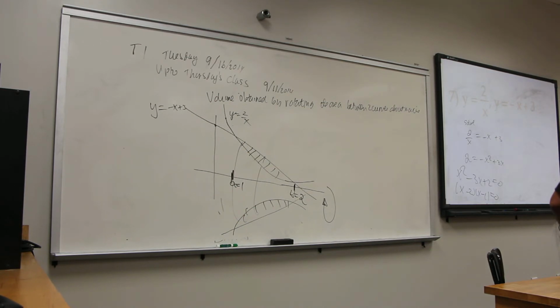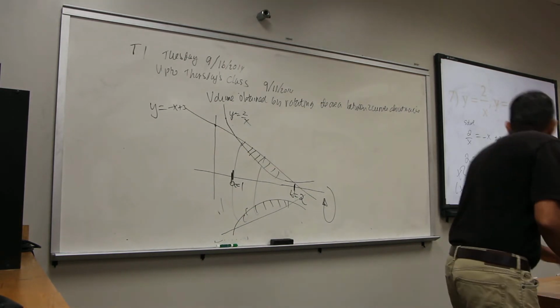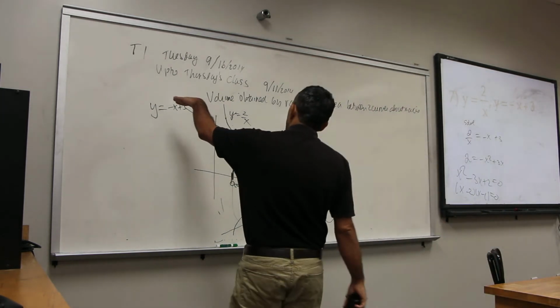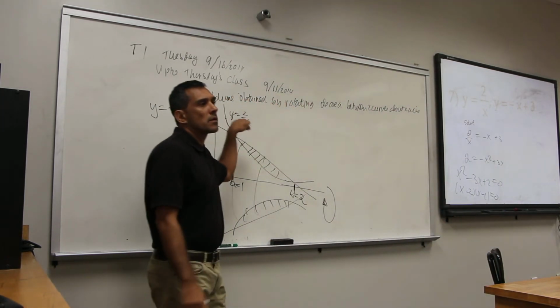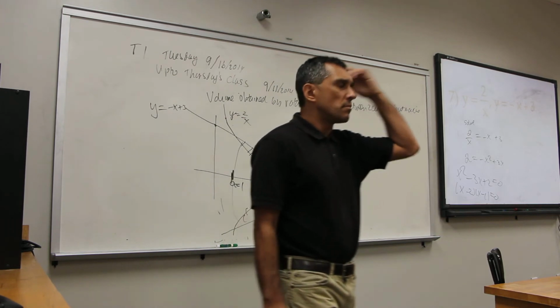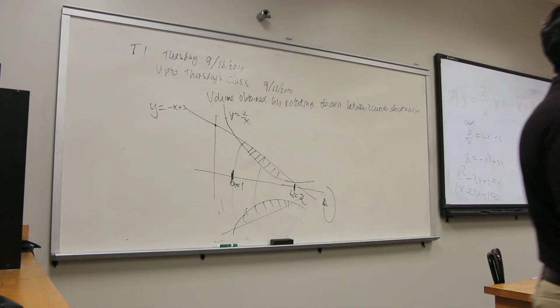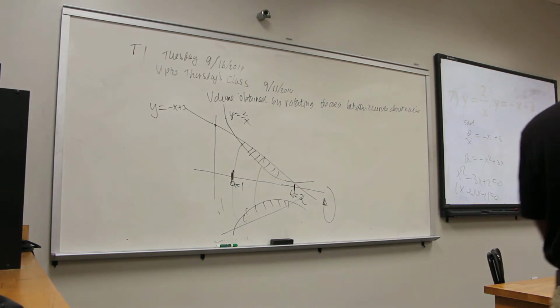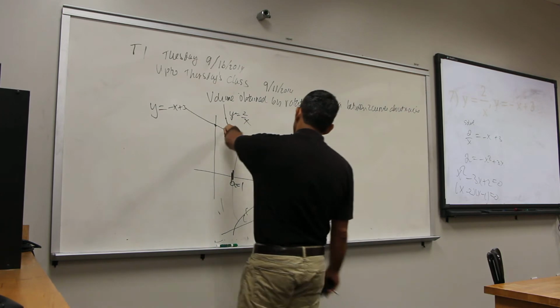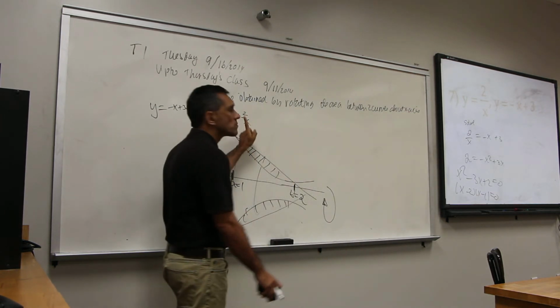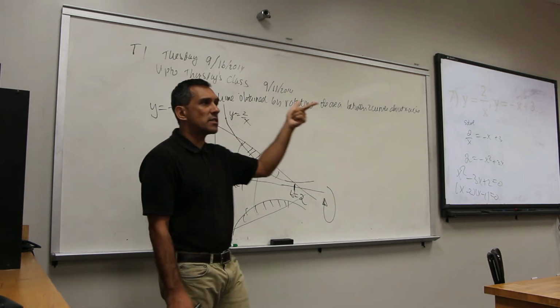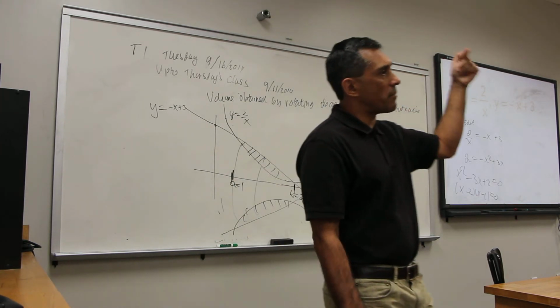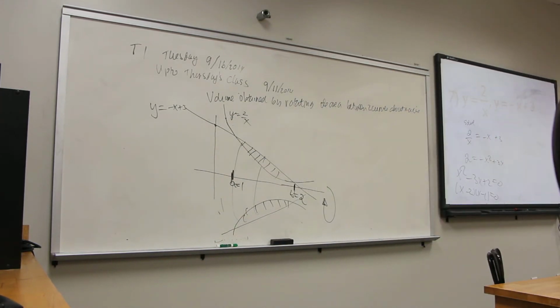And now we'll do what I said. We will take the top function, square it, multiply it by pi, and integrate from 1 to 2. You will take the bottom function, square it, multiply by pi, and integrate from 1 to 2.